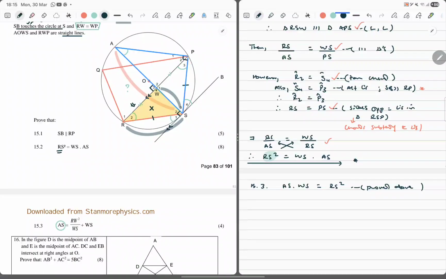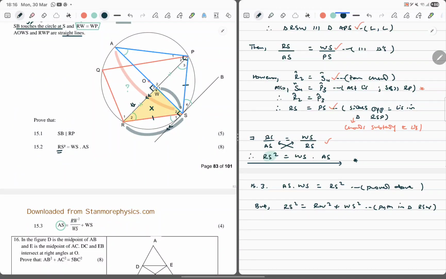above. Okay. But we know that RS squared is equal to RW squared plus WS squared. This is from Pythagoras in triangle RSW, isn't it?